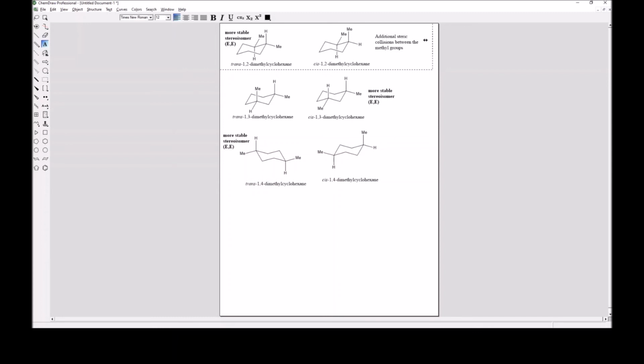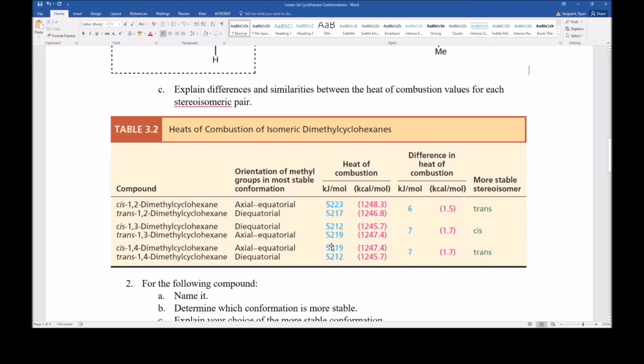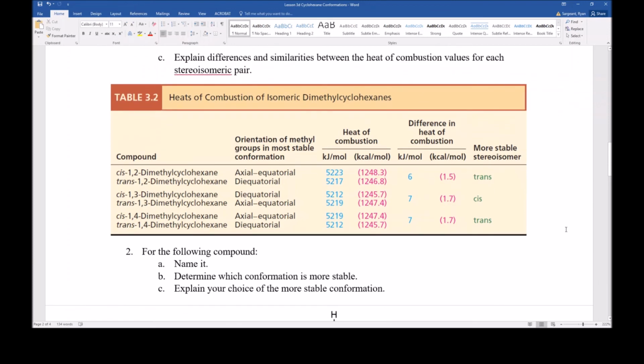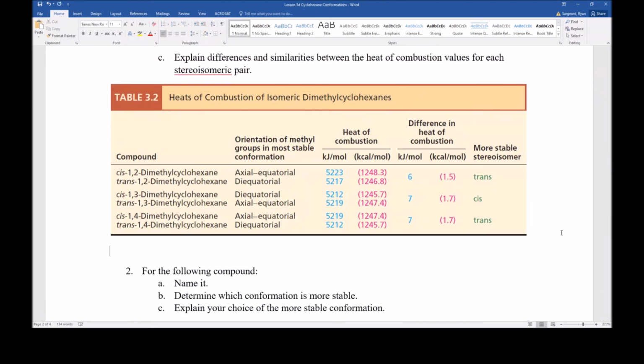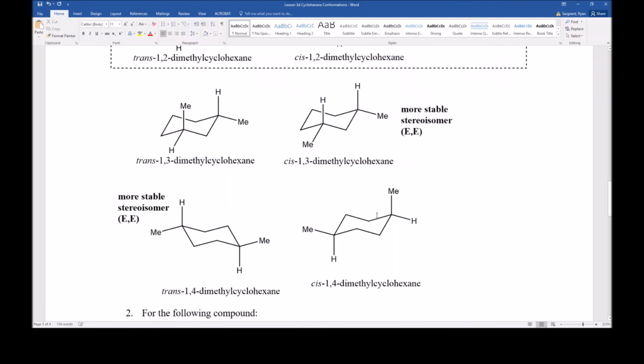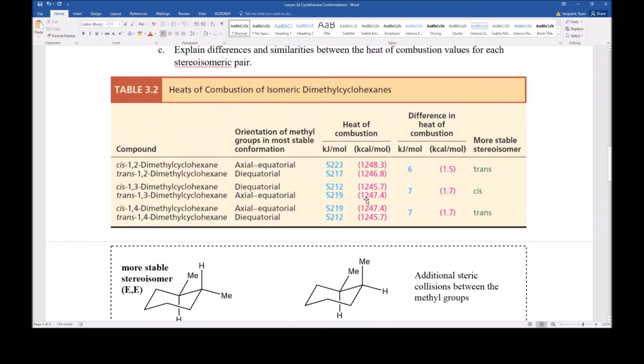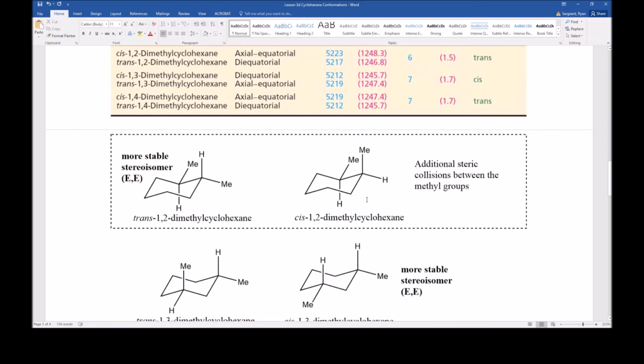And this explains why we see slightly higher values for both of these stereoisomers compared to the other 4 stereoisomers. And that slight increase is not due to the axial equatorial issues, it's simply an issue of steric strain. So that's why I'm explaining differences and similarities between the heat of combustion values for each stereoisomeric pair. And so I'll drop that figure in there, and that should provide an answer to part C.